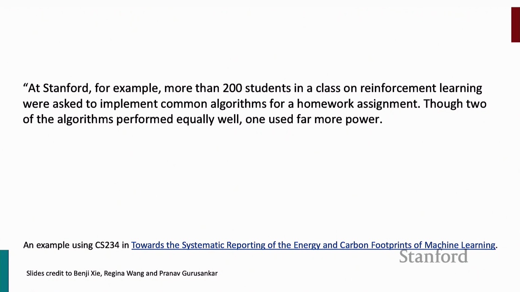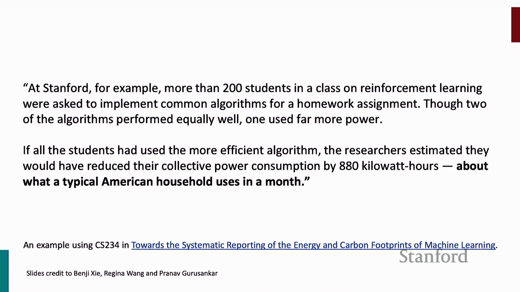One or two algorithms outperformed everything else, but they used a lot more power, okay? And someone did this calculation that if everyone had used the more efficient algorithm, that would have reduced the power consumption of the class by about 880 kilowatt hours, which is what an American household uses in a month.